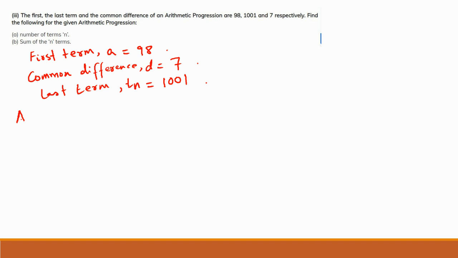Okay, now according to the problem, tn equals 1001, you can write it as a plus n minus 1 times d equals 1001.